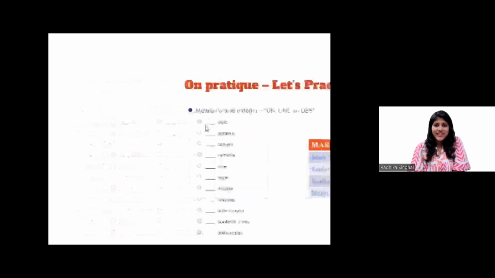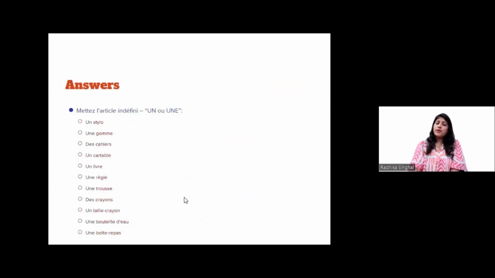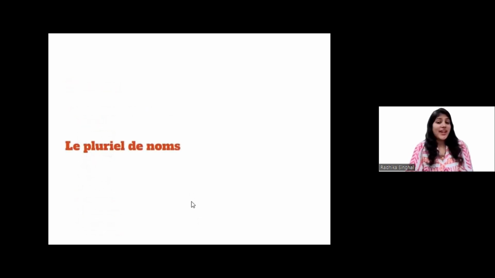All right, there you go. Quickly verify your answers, and those of you who have got some answers wrong, go back to the previous slides, check which rules or exceptions you missed out on, and this way we'll get a better clarity of this concept of indefinite articles.